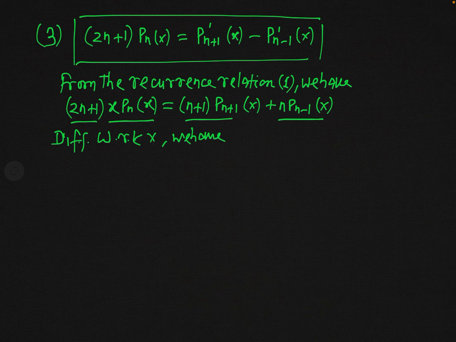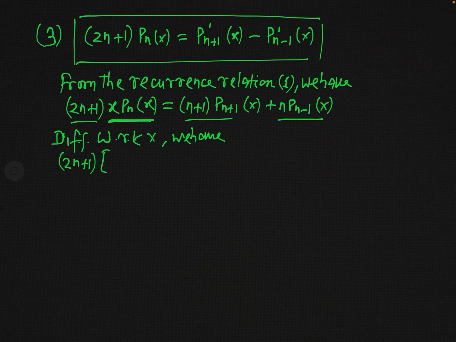In the LHS, 2n+1 is a constant factor, so it stays outside of the differential operator, and we have to differentiate the product of two functions, x and Pn(x). So we will use the rule of differentiation of a product of two functions.